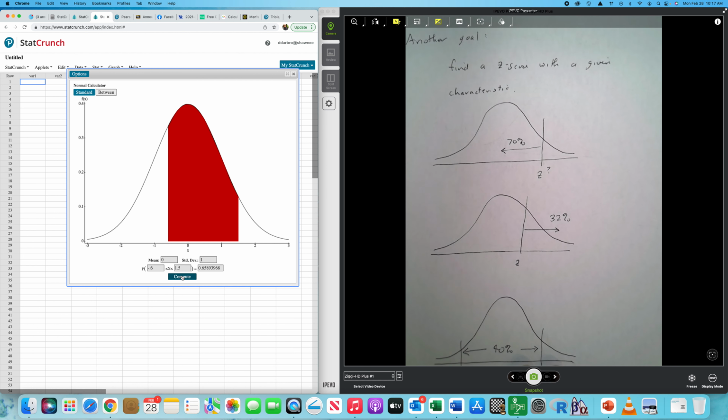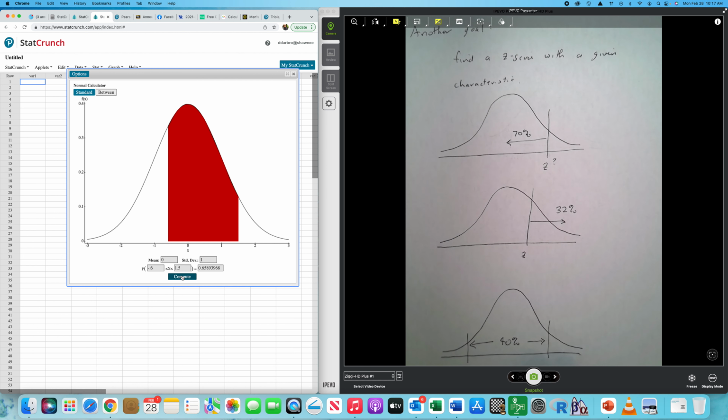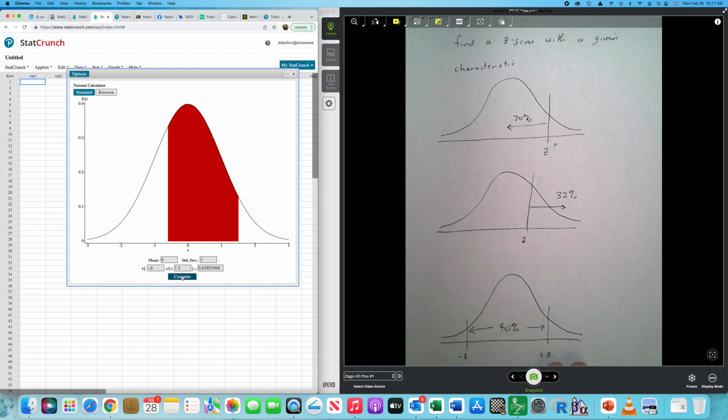Now, let's change the goal just a little bit and look at these problems. These problems are different because we want to find the z-score, not the probability as we did over here. We want to find the z-score that has 70% of the scores below it.